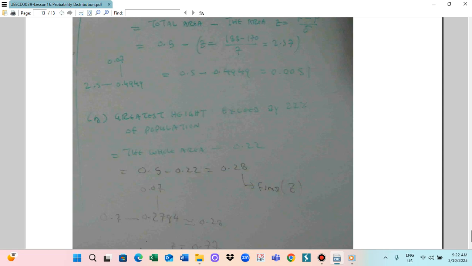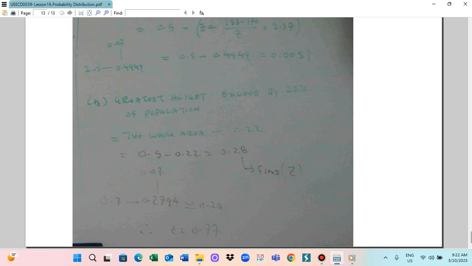Then you have to find Z for 0.28. Looking at the table, you can see that Z will be 0.77, because 0.77 gives 0.2794.